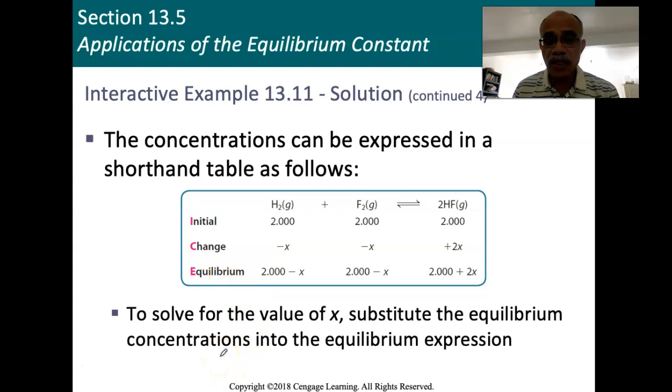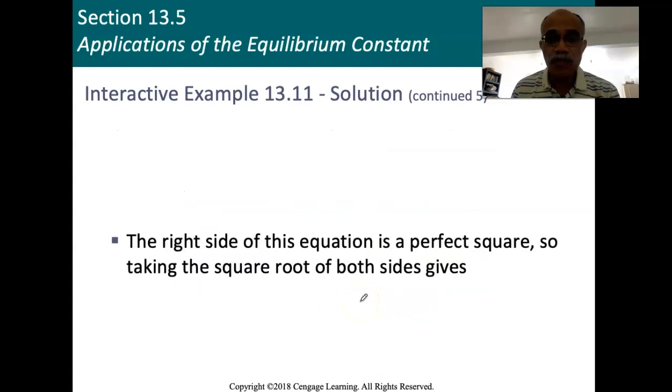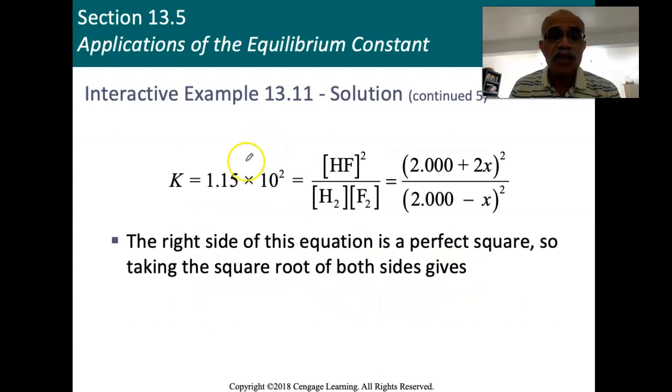So now we can set this up because this can be expressed into the K expression. So let's look at that. Notice that. So K is 115. So that'll be equal to the equilibrium constant concentrations term. And substitute in the values. So this is 2 plus 2x squared. And this one is 2 minus x, 2 minus x.